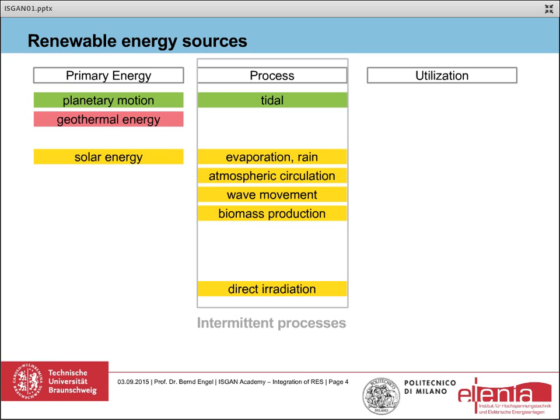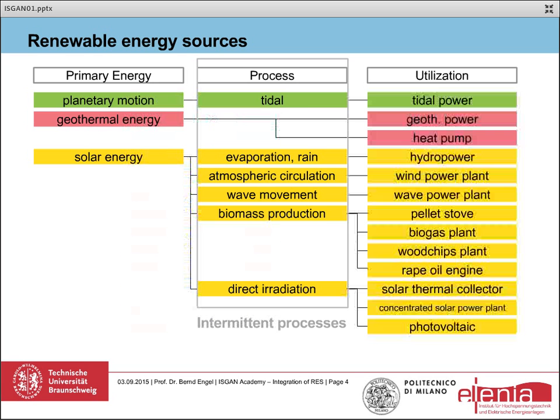And then we can use it for different kinds of renewable energy sources. Tidal power is not so common. There's only one power plant, as far as I know, in France. Geothermal power is used in some countries like Iceland and Japan for electricity generation.